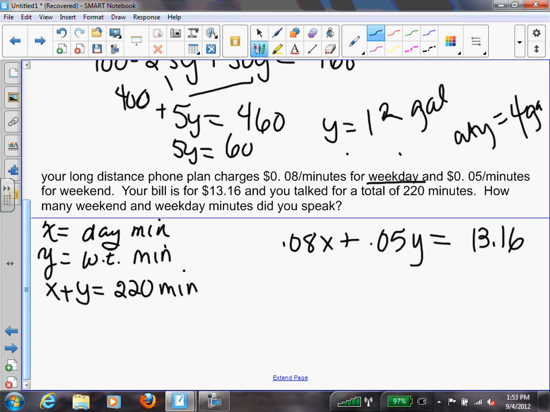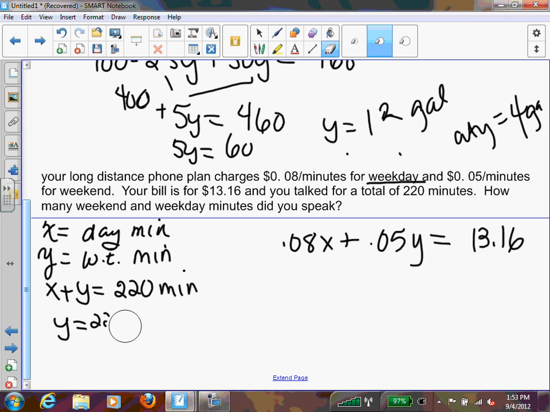Dollars equals dollars. Minutes plus minutes equals minutes. Now, I want to know how many weekend and weekday. So, does it matter which variable I solve for right now? Pick whichever one, x or y. Let's say that y is going to equal what? 220 minus x, right?